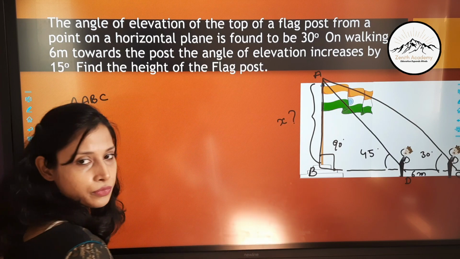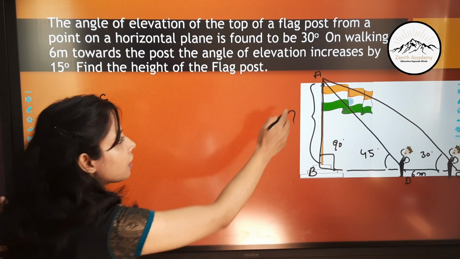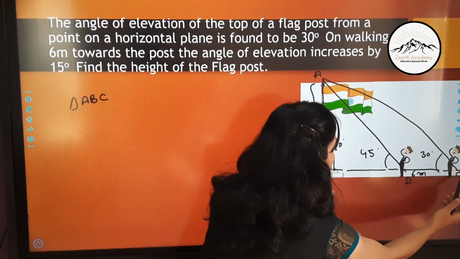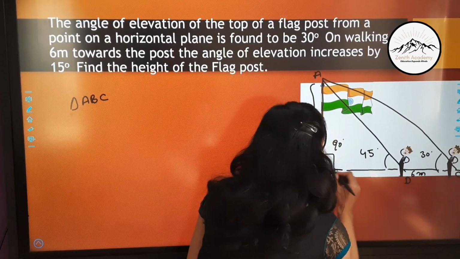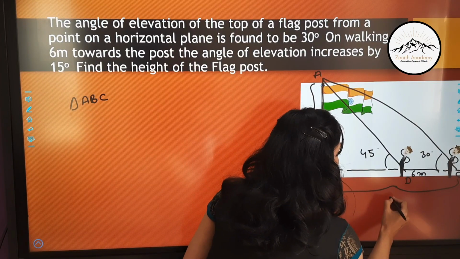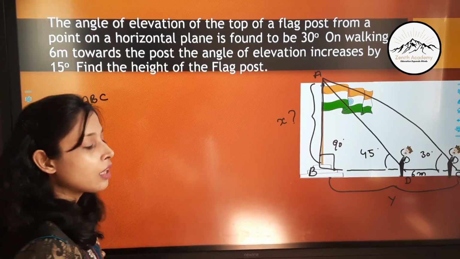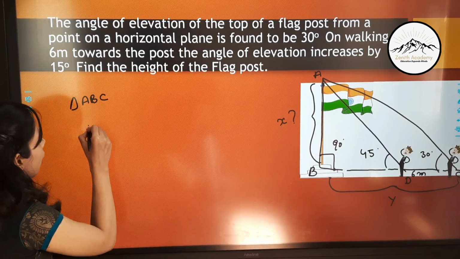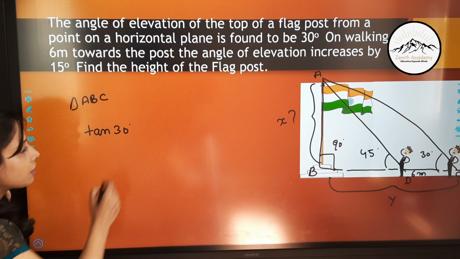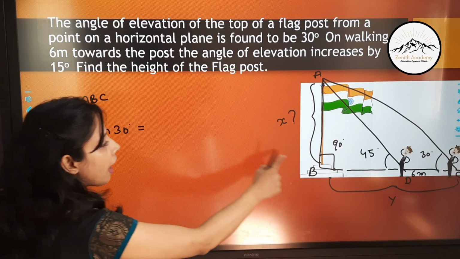Let us suppose the height of this flag post is x. This whole base BC, I mark this as y. So now if I take tan 30 degrees, what is it? x upon y.